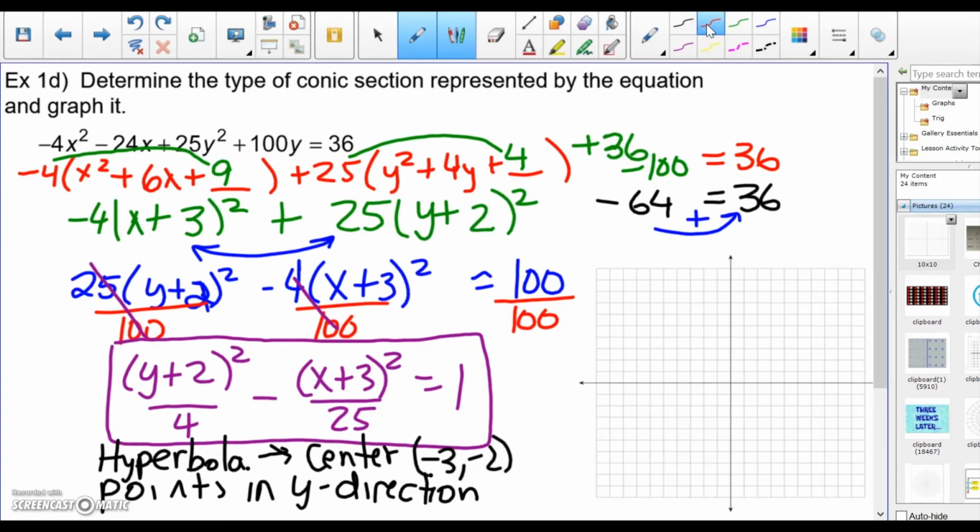We start with our center point at negative 3, negative 2. And then we notice our a number is 2. So we're going to go 2 in the y direction. And we're going to go 5 in the x direction.